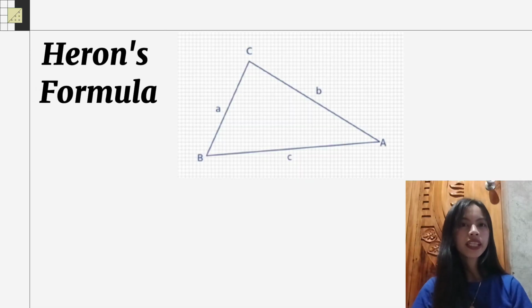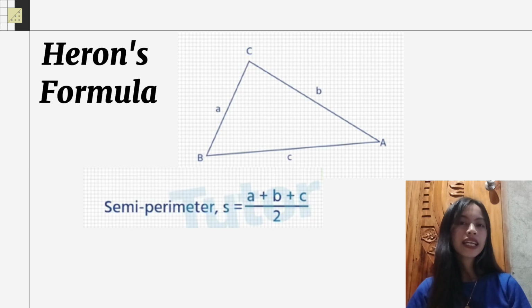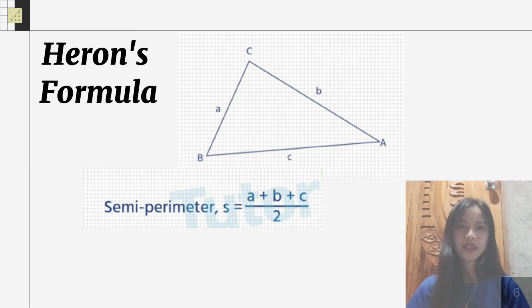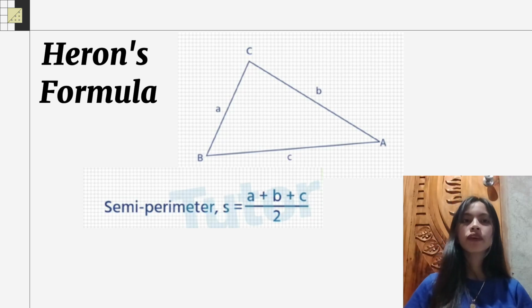So, what does this formula look like? Let us find out. Now, consider that you have a given triangle with sides a, b, and c. Now, how do you calculate the semi-perimeter of this triangle? It is essentially half the perimeter, which is the sum of all sides divided by 2, right? If you have the 3 sides of a triangle and its semi-perimeter, you can easily calculate the area using this formula.